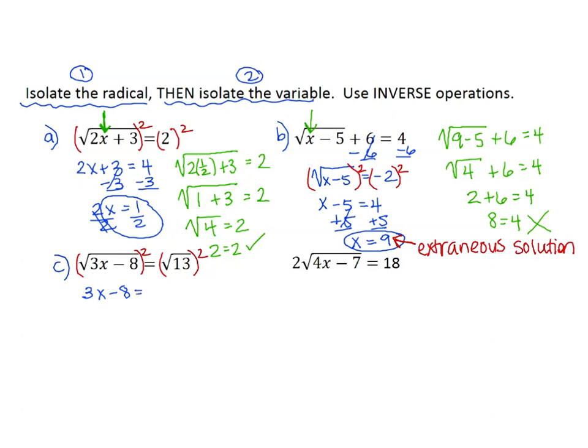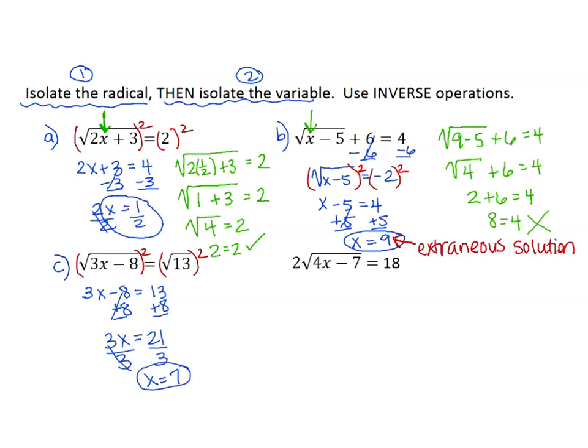So on the left, we'll have 3x minus 8, and on the right, we'll have 13. And we would just solve this using inverse operations as you would solve any other two-step equation, and we get that x is 7.